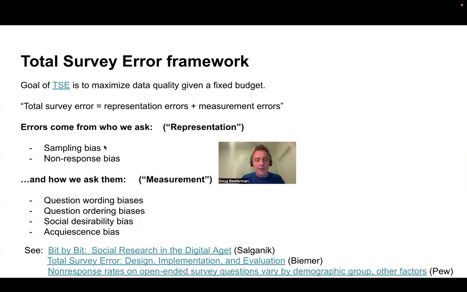Examples of representation error include sampling bias, which is the most obvious one. For example, if I conducted a survey of Twitter users and had them answer some question about their usage of ChatGPT, it would not be representative of a different population, say the population of MIT students, because Twitter users are some very small subset of the world.